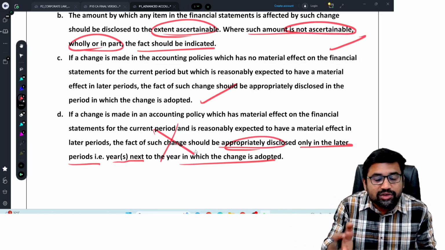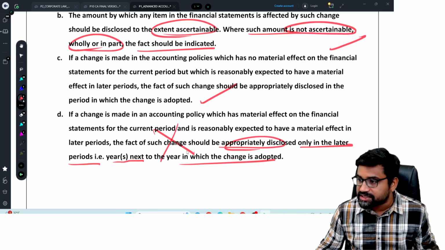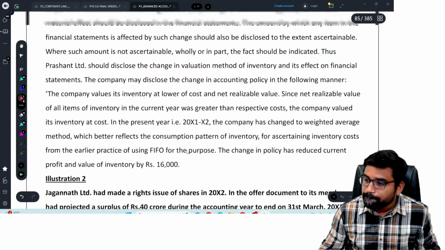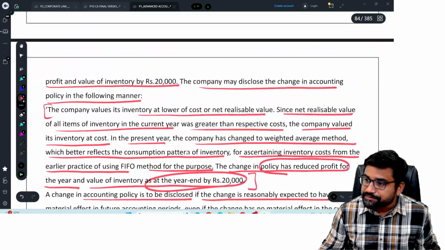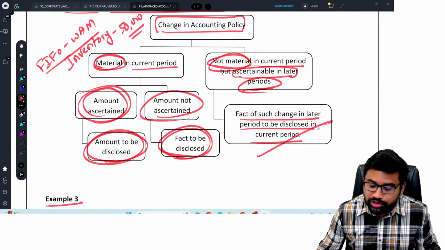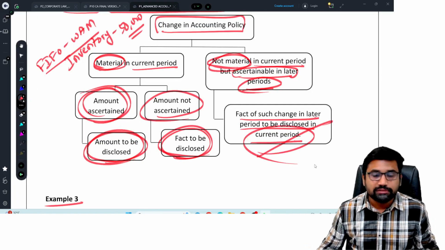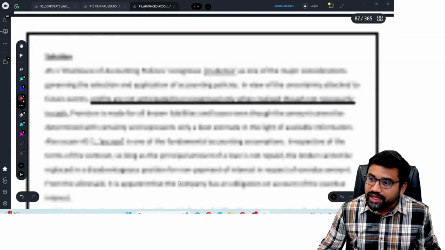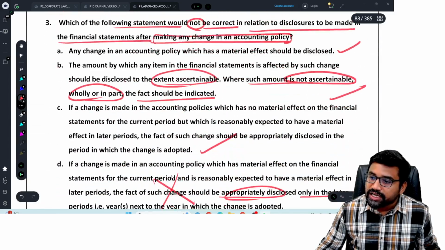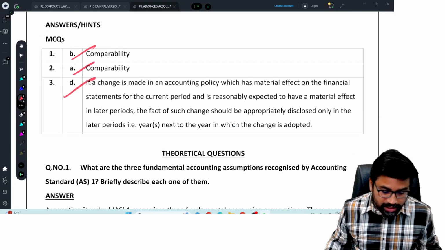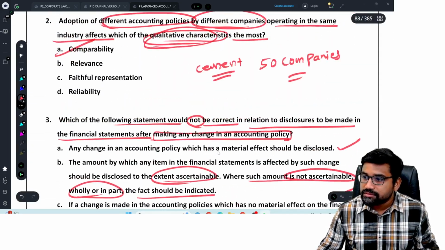The fact should be disclosed in the current year only. We have discussed this point in the chart. The fact of such change in later periods is to be disclosed in the current period only. Therefore the incorrect answer is the last one. So that means B, A, D. These are the answers.